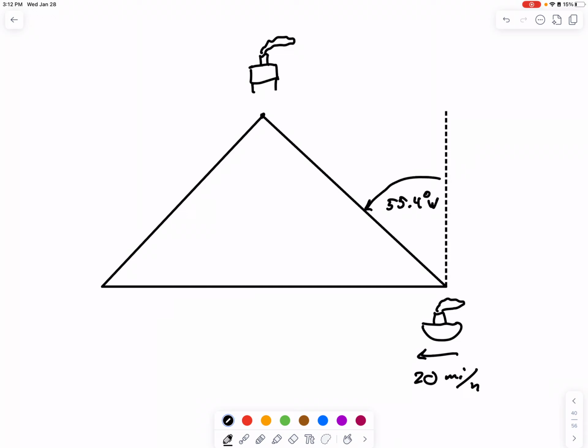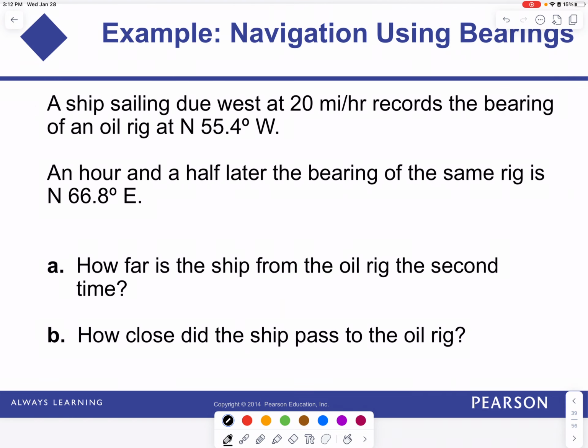Okay. And then the ship, again, 20 miles per hour. It traveled for 1.5 hours. Or 90 minutes, did it say? Hour and a half, okay.